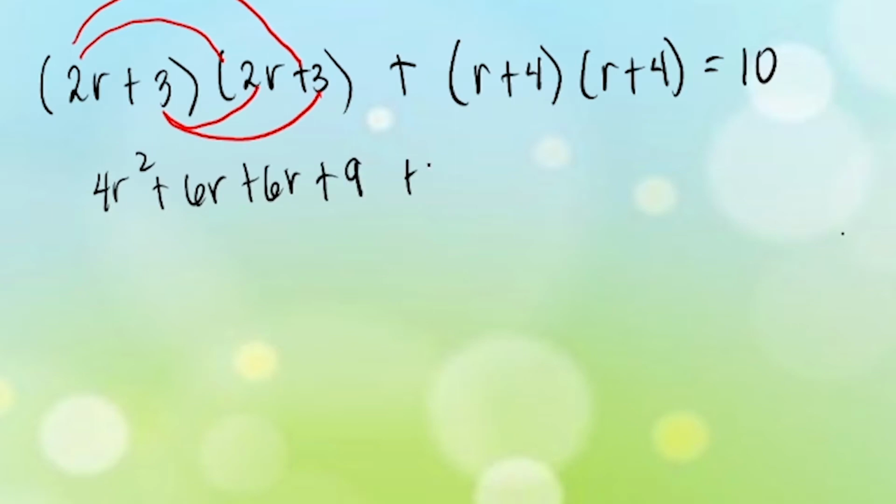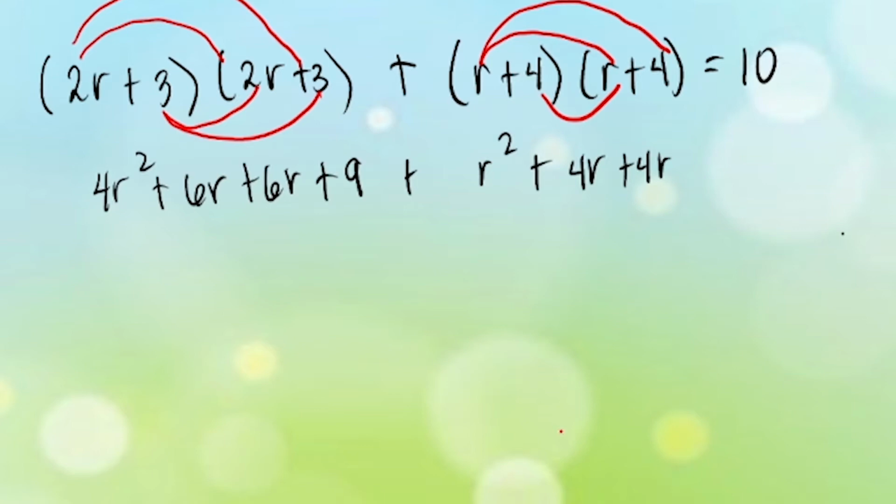Now, for the second pair of binomials, we have to multiply r times r. We have r squared. Next is r times 4, so the result is 4r. Also we have to multiply 4 times r, which is 4r. And the last terms, 4 times 4, which is 16, equals 10.